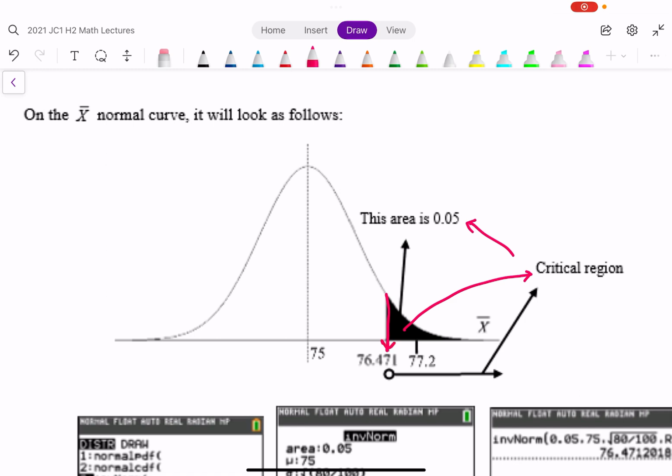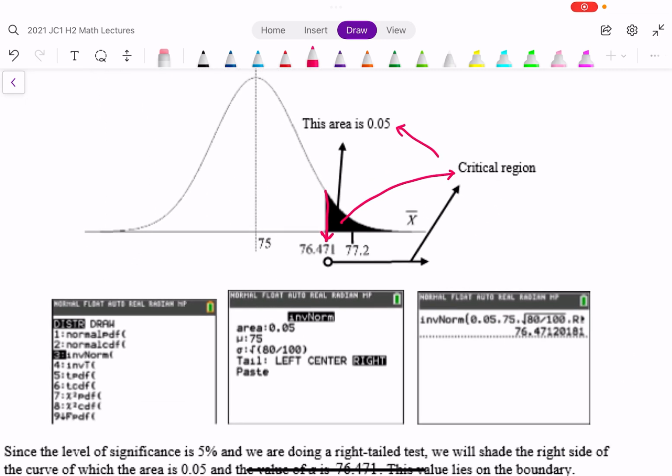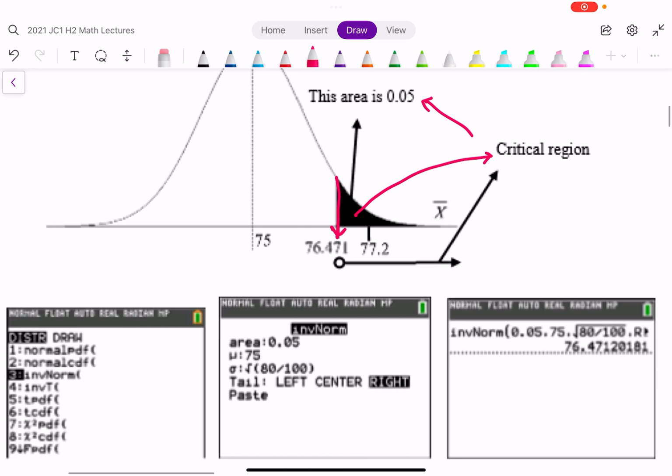To find this value, we use our GC, and we use the function inverse norm. The area that you need to key in will be the significance level, 5%. Then mu is our population mean 75, and sigma is the standard deviation, so you key in square root of 80 over 100. In this case my area is on the right hand side, so you will choose right for the tail.